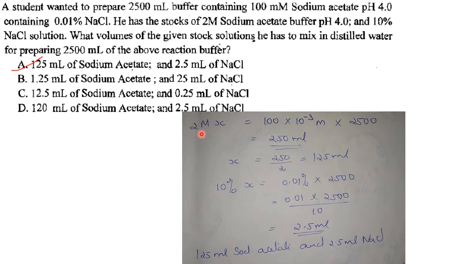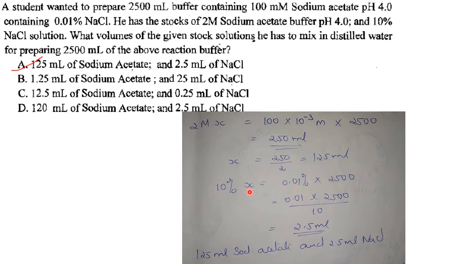So M1V1 is equal to M2V2. So 2 molar into X, that is V1, is equal to 100 into 10 raised to minus 3 molar into 2500 ml. So X will be around 125 ml. So 125 ml of sodium acetate at pH 4 is required. Then you are having a stock of 10% NaCl solution and you require 0.01% NaCl.